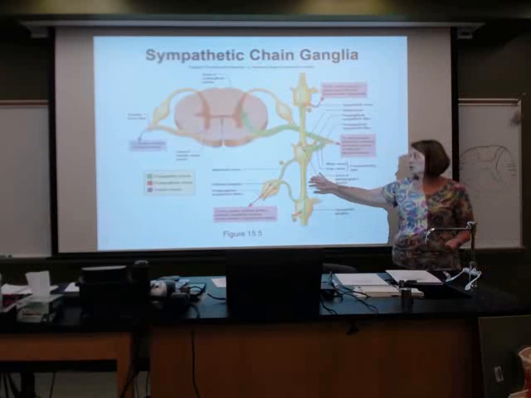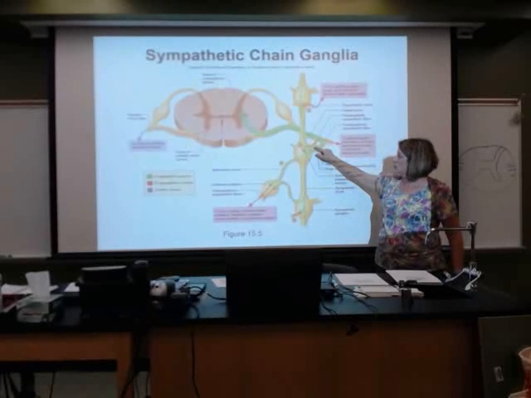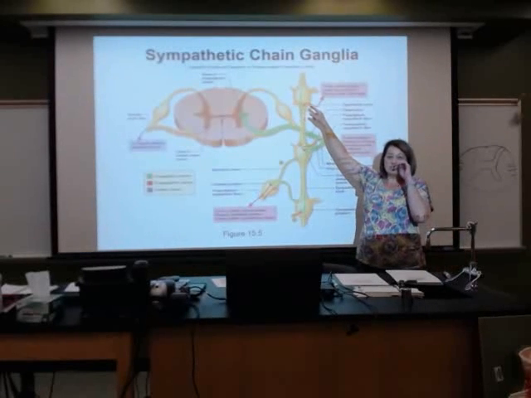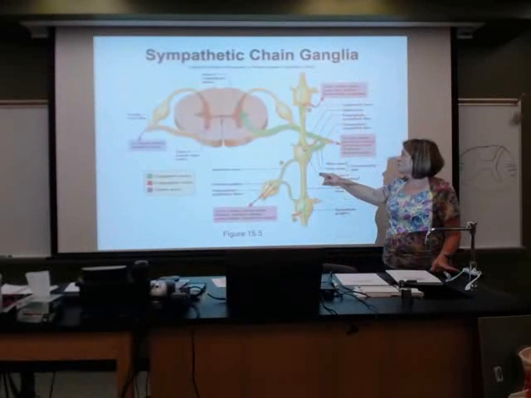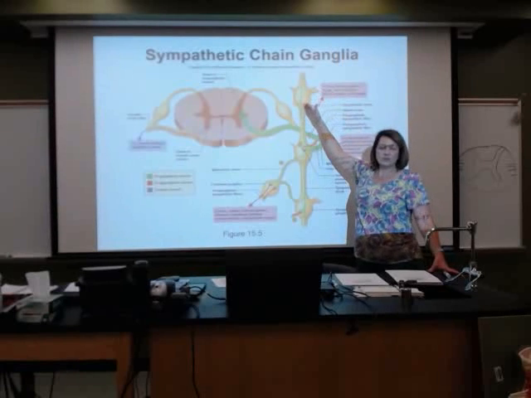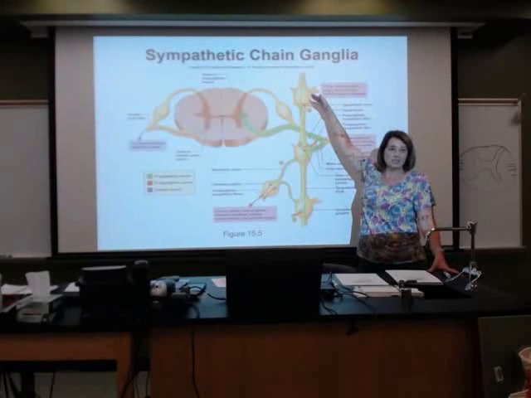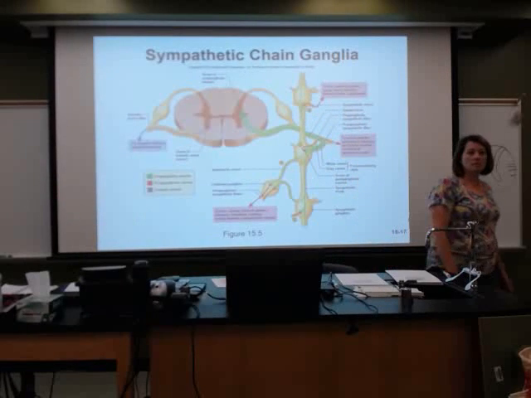Now the 4th pathway, once again, I make my sharp turn. This time it needs to travel up the chain. Once it travels up the chain, it can synapse at whatever level it needs to affect that area of the body.